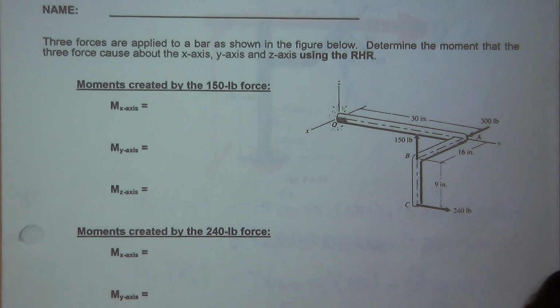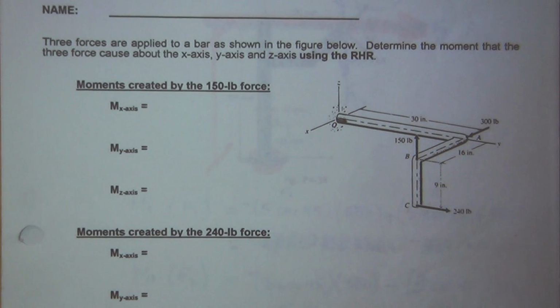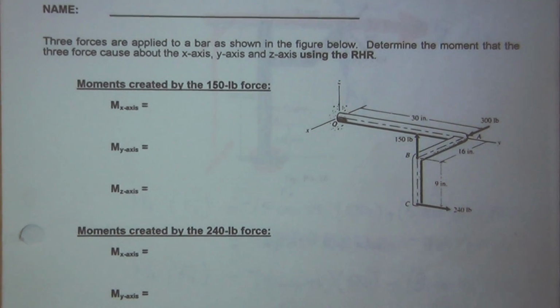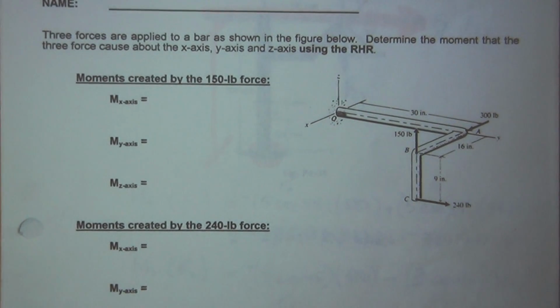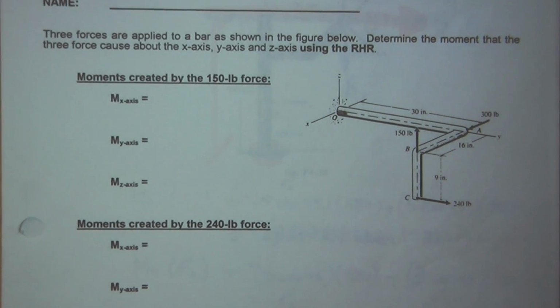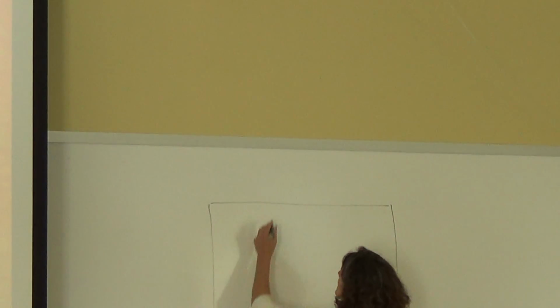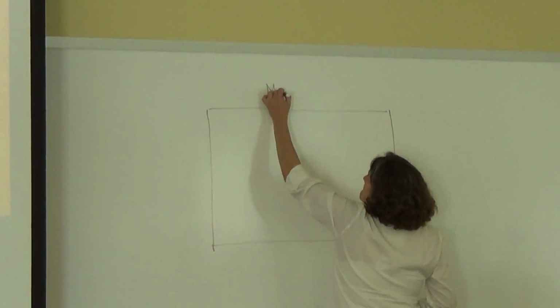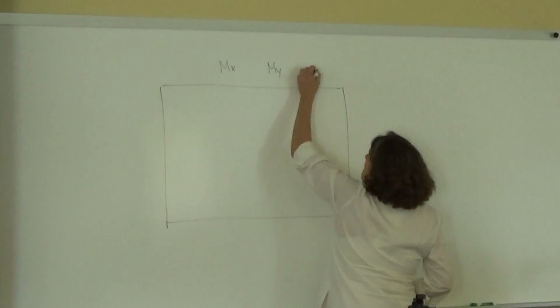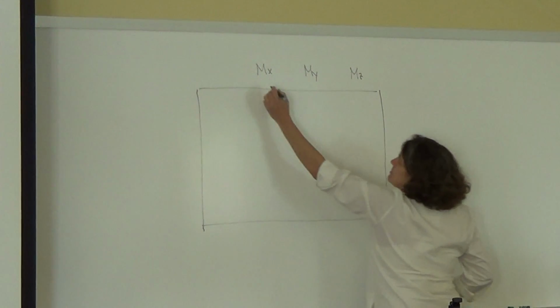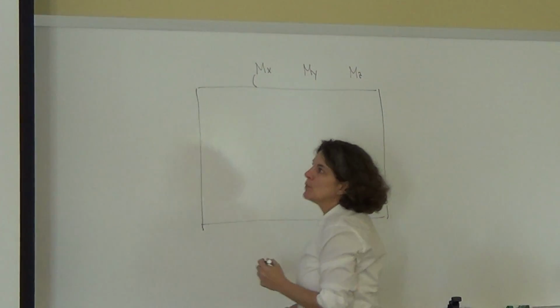And I'm going to set up a table. I always like tables. I think most engineers like tables because we like things to be graphical. What units are we looking at?